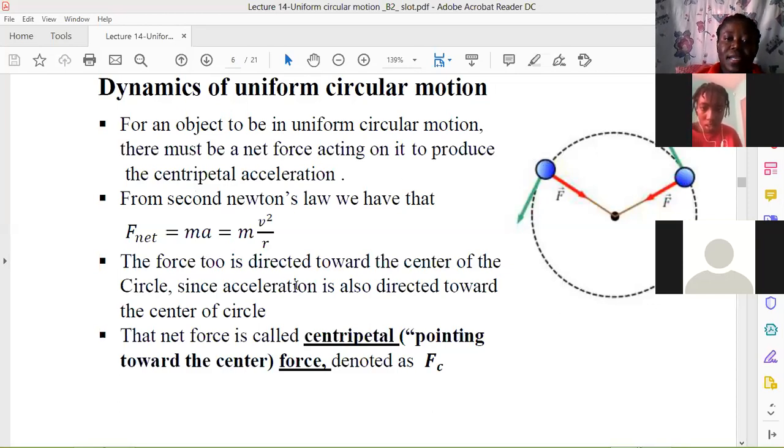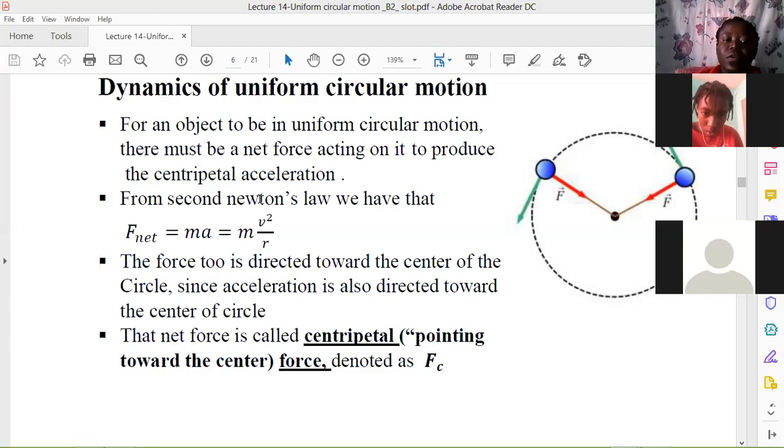From Newton's second law, since this object is moving with an acceleration, there is a force associated with that object. Force is equal to mass times the acceleration.